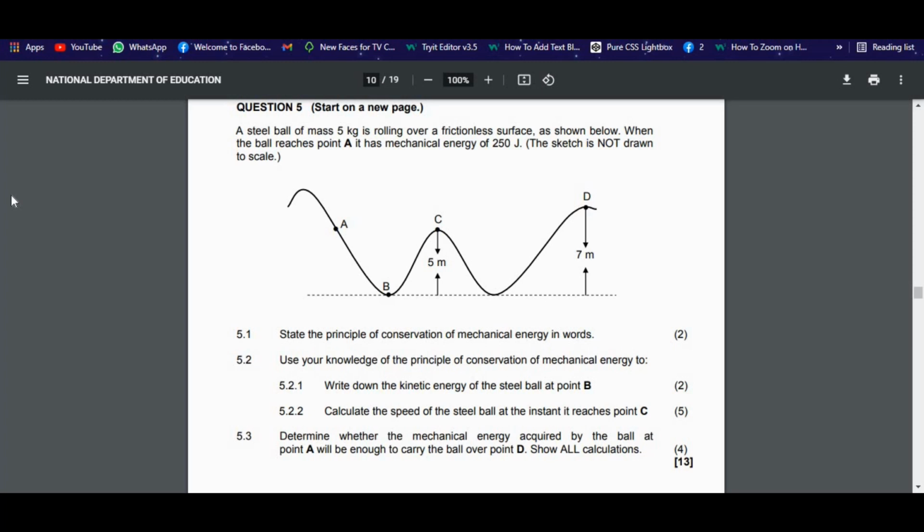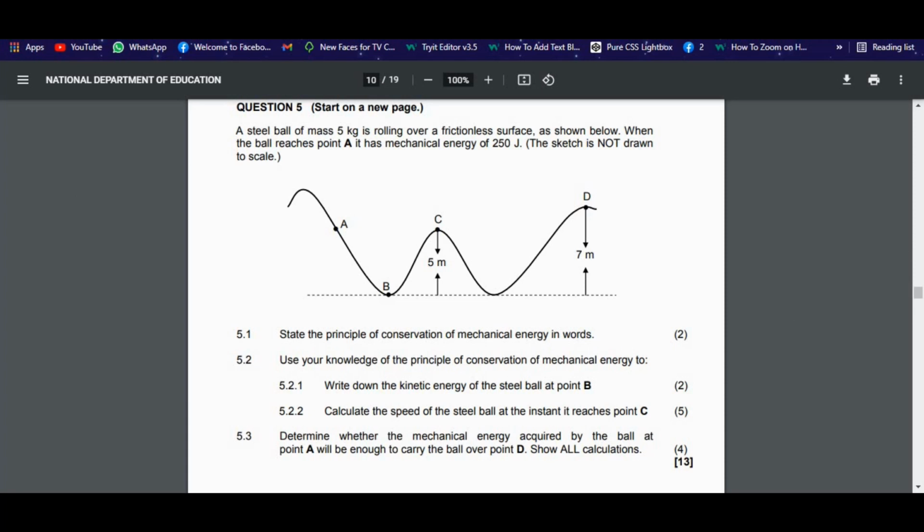So you might have to read this one a little slower, even for someone like me who's been doing this for a while. Determine whether the mechanical energy acquired by the ball at point A, which we know is 250 joules, will be enough to carry the ball over point D. Okay? So we need to prove that, or to say whether it will or won't be able to.